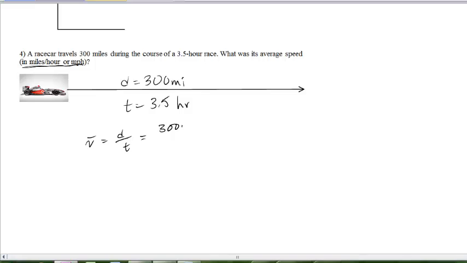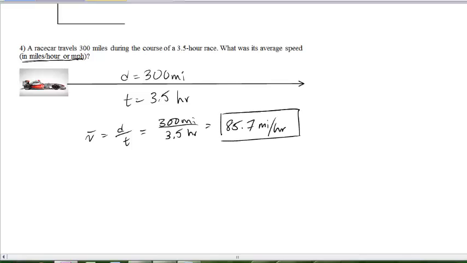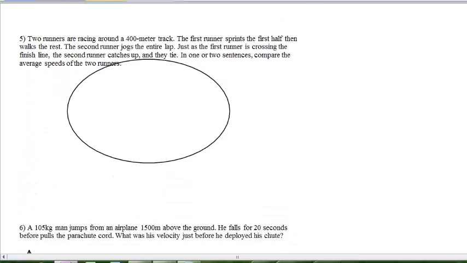Say 300 miles divided by 3.5 hours, and I get, I believe, 85.7 miles per hour. Not a lot of people had problems with that question, so we're gonna go ahead and move on.